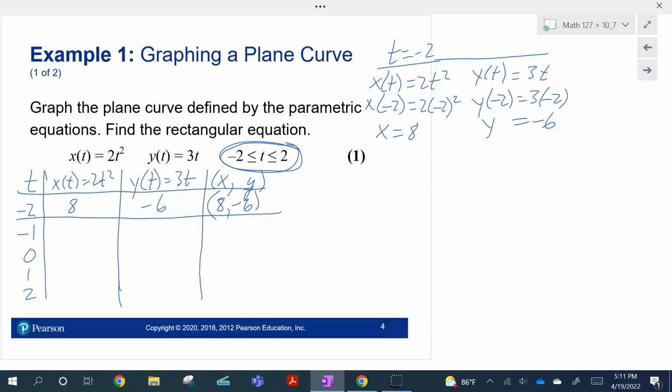Then we just keep doing that. Now we're going to do it for t being -1. We plug it in. x of -1 equals 2 times t squared, so we get 2. And then y of -1 is 3t, so we get -3.